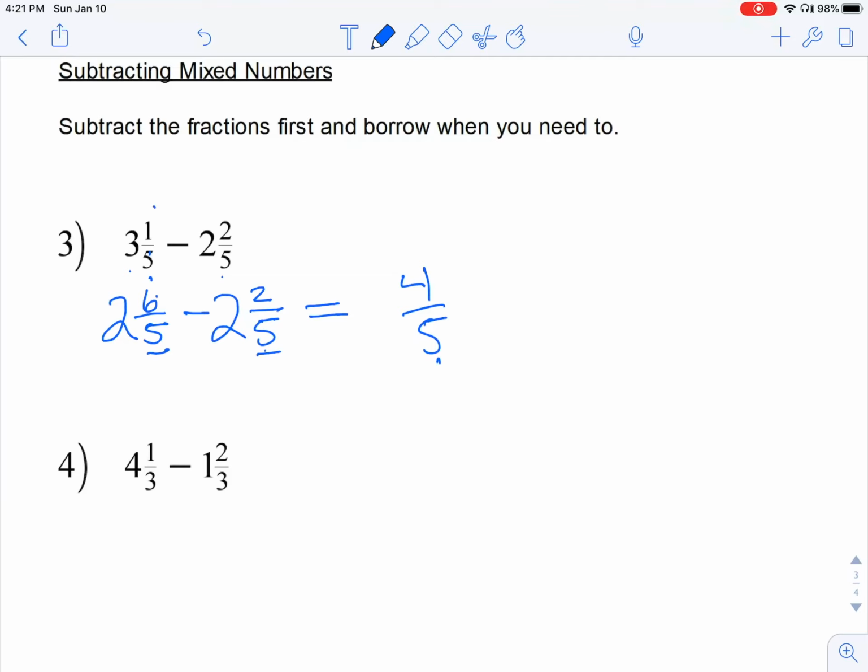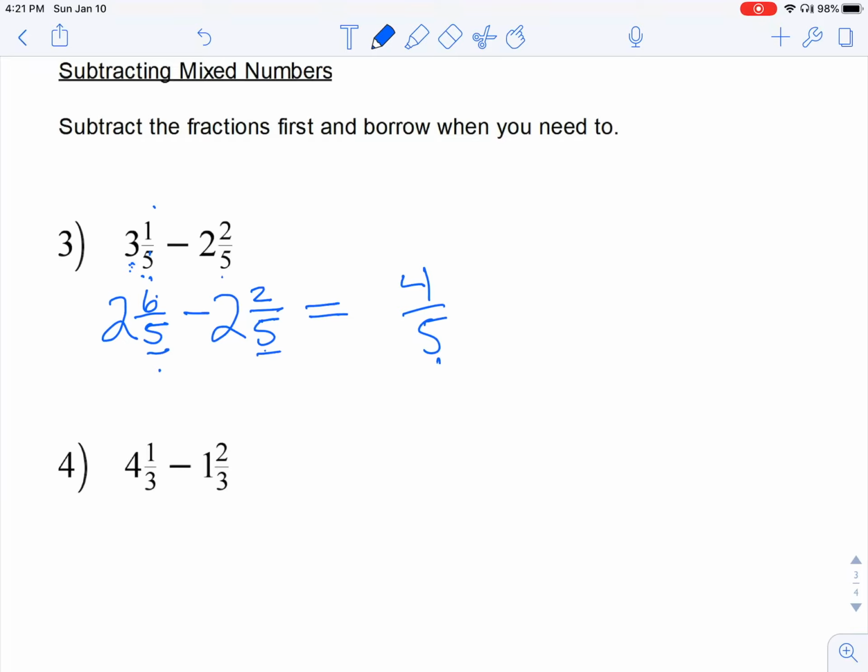That's a perfectly appropriate strategy as well, but again, that one does require you to have a really good sense of fractions. So just as we're still in the early stages of learning about fractions and mixed numbers, I think it's easier to have a shortcut method that you can always count on, which is why I'm showing you this fractions first and borrowing so many times.